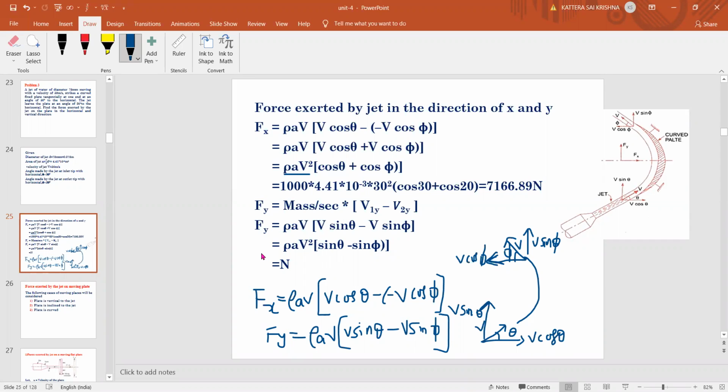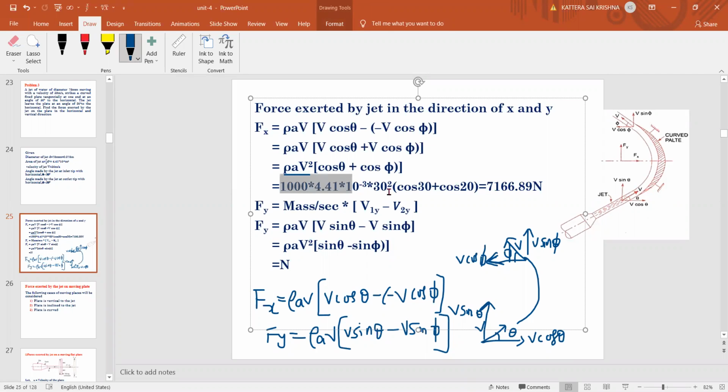Now you can substitute the values and tell me the value of Fy. Already rho A V square is common, so it is the same as what we have written here. I'm copying this.